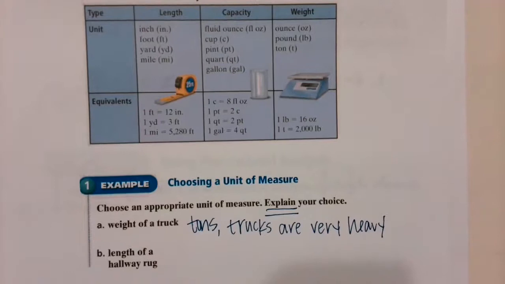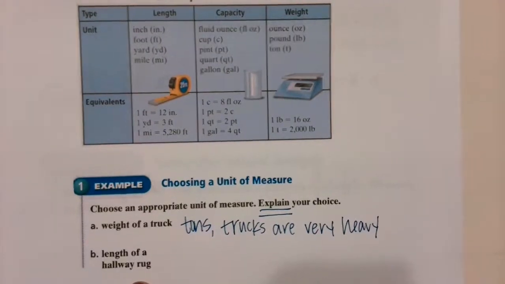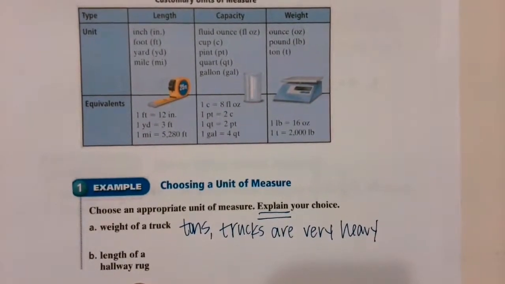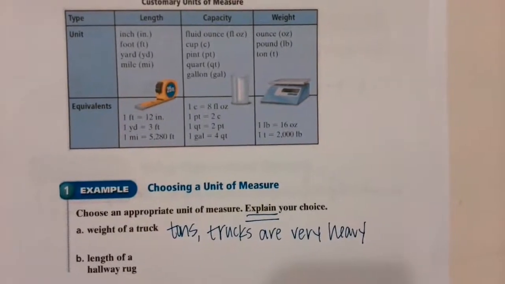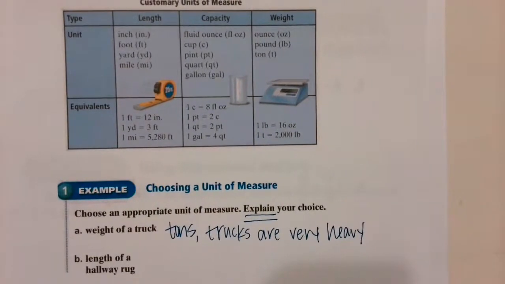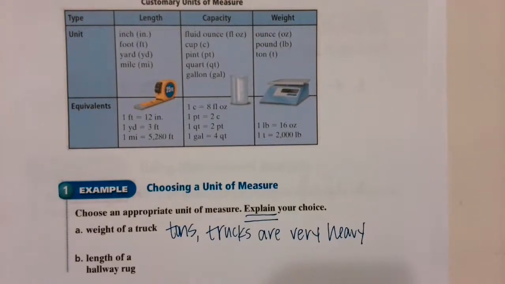All right. The length of a hallway rug. This one could go maybe two ways. I would say either feet or yards. Inches would be too small, miles would be way too long. That's about 4 laps around our track over at Middle School West. So feet and yards would be an appropriate measurement for this one.